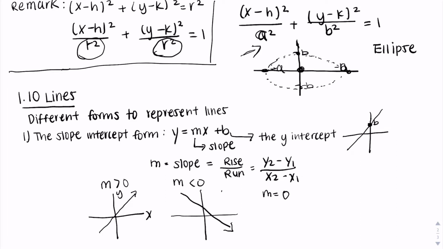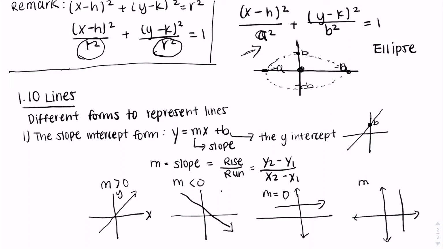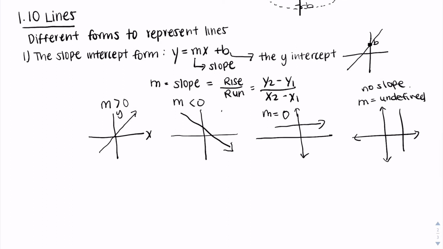When m equals 0, you'll see something like this. When you see a graph like this, that's when m is undefined, there's no slope. So these are some of the situations that you will see.